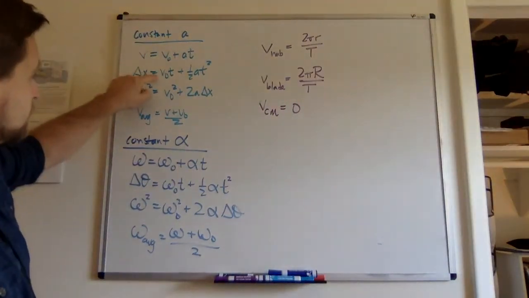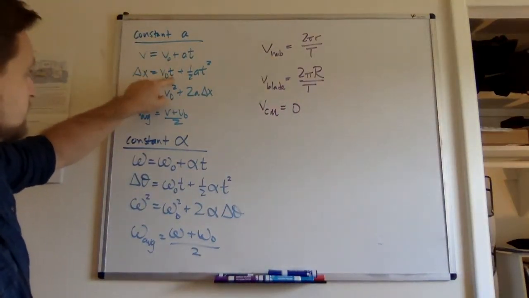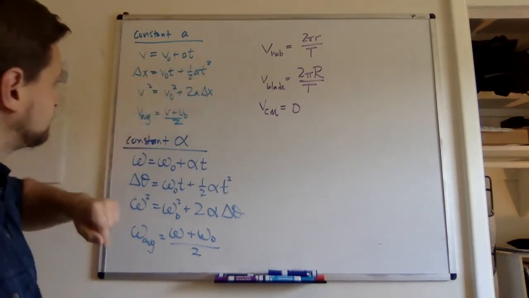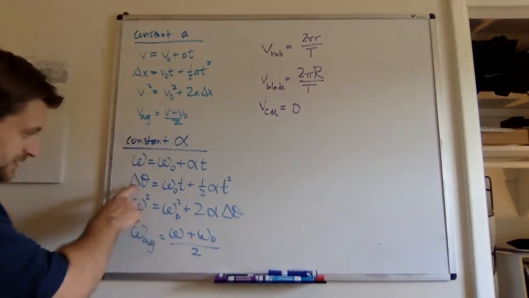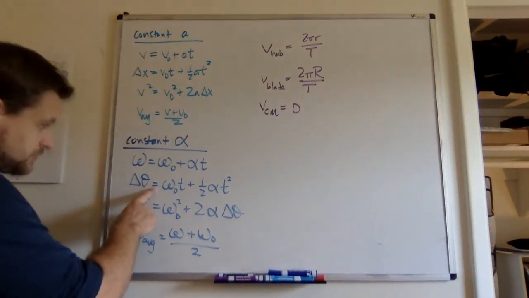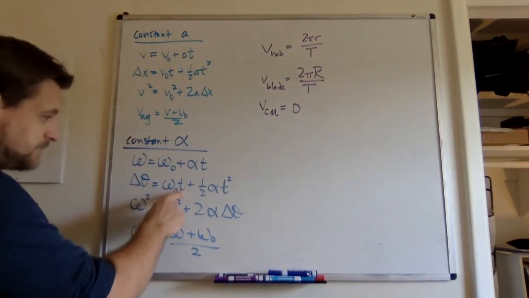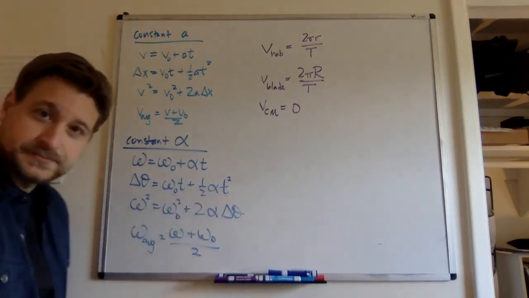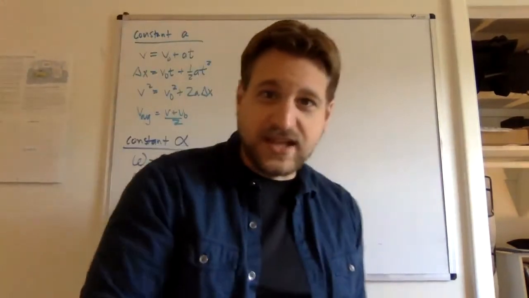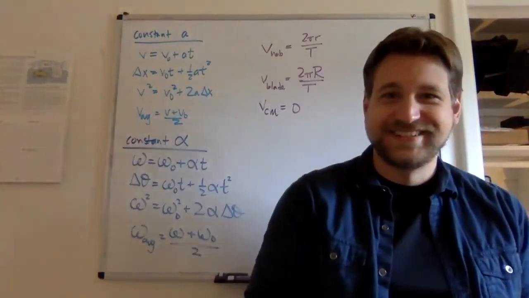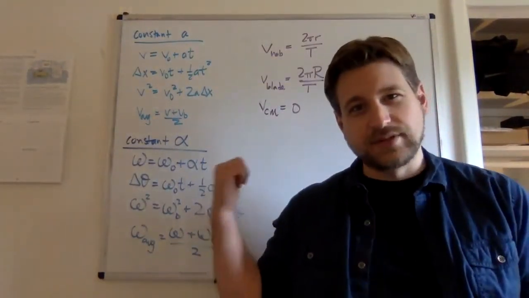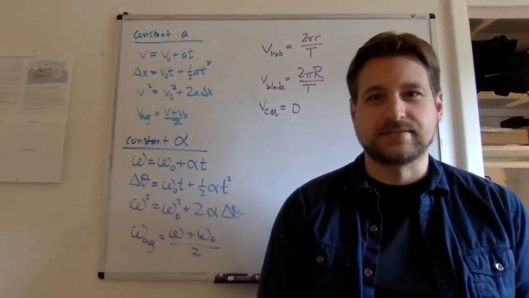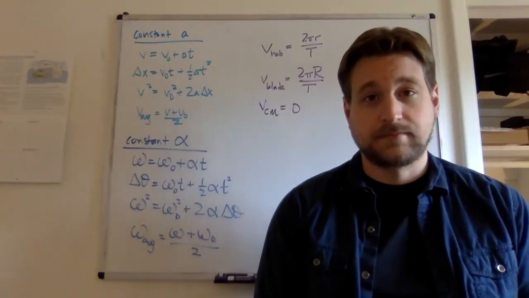Displacement is equal to initial velocity times the time plus 1/2 times the acceleration times the time squared. That's the same stuff. Just here we're talking about angular displacements, angular accelerations. Cool.